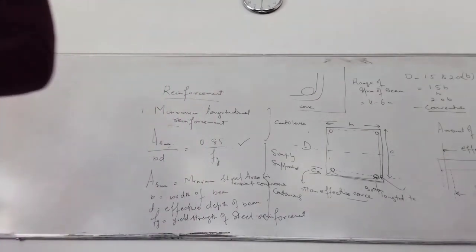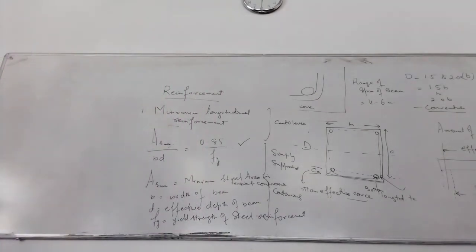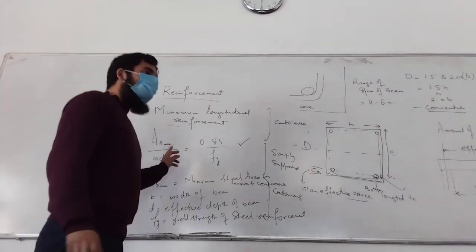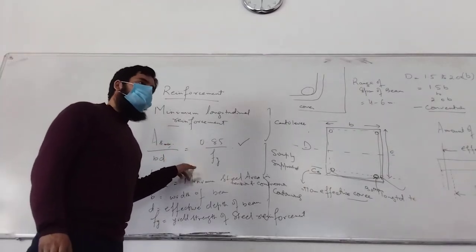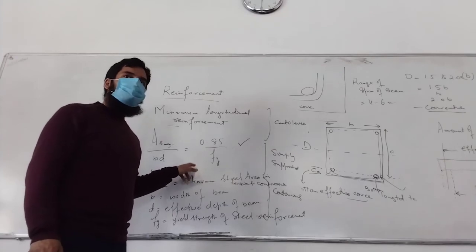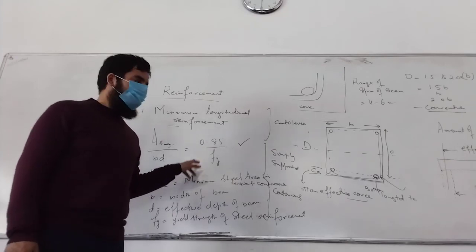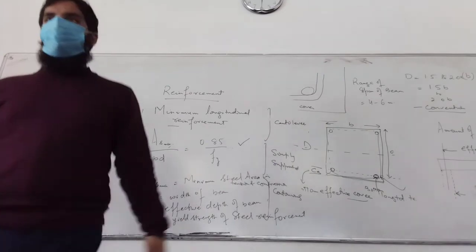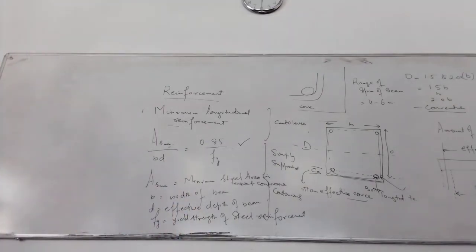But if the steel you calculate from the moment comes out less than this, then you still have to provide at least this much. Minimum you have to provide this much. So this has been determined by the code. Now this is based on research.